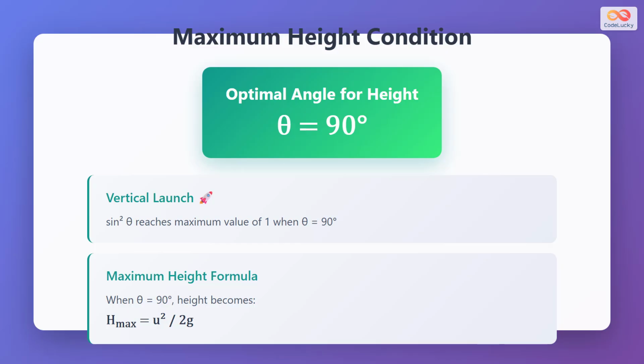At this angle, the height formula simplifies to H maximum equals U squared divided by 2g. Notice that even though maximum height and maximum range both depend on the launch angle, they occur at different angles. 90 degrees for maximum height versus 45 degrees for maximum range. You cannot maximize both at the same time.